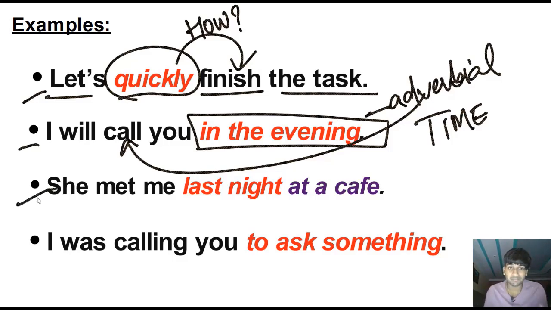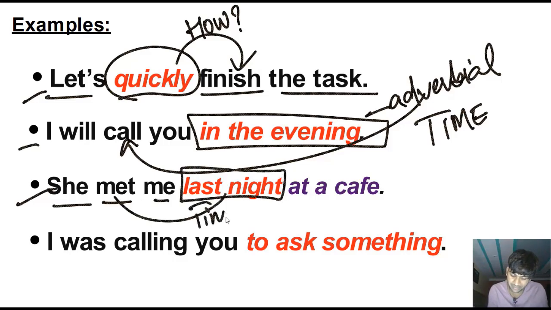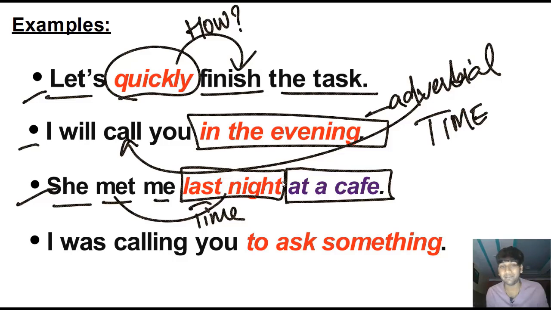Example number three, she met me last night at a cafe. She met me, subject, verb, object. She met me when? Last night. This is talking about the time of the action, right? So last night is an adverbial giving information about the verb met, talking about the time of the action. When did it happen? It happened last night. And where did it happen? It happened at a cafe.